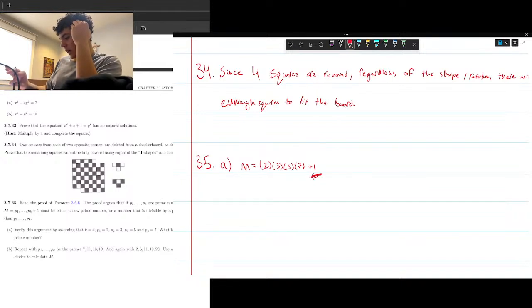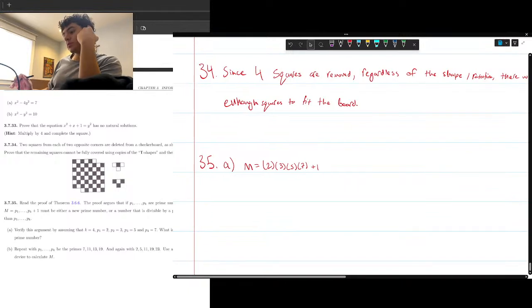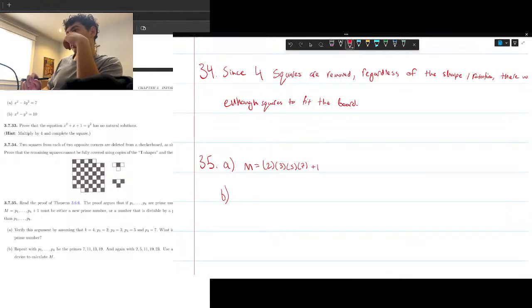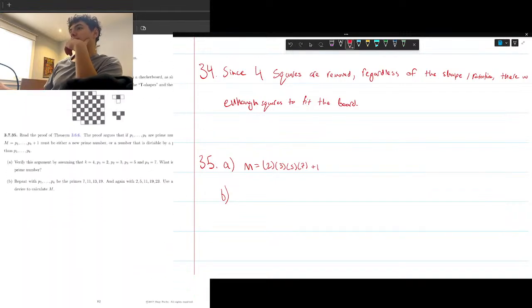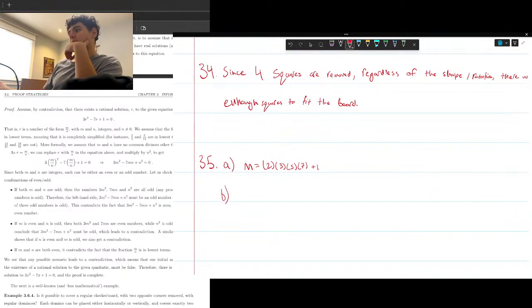So if a prime divides a number A plus B, it has to divide A or B. If it doesn't divide A or B, it's not a multiple. Repeat with P1 to PK with the following primes. And again, I am not using that. Okay, we're done. Logic.